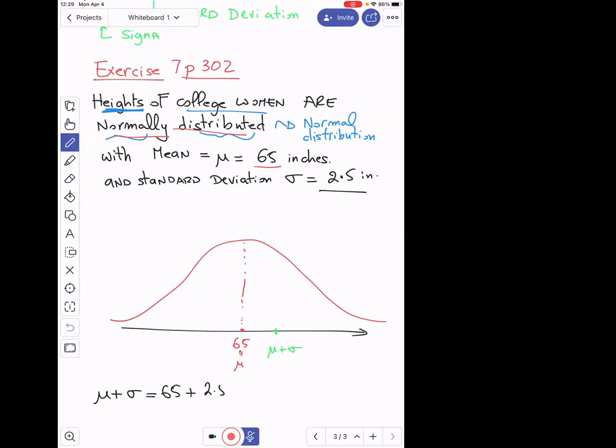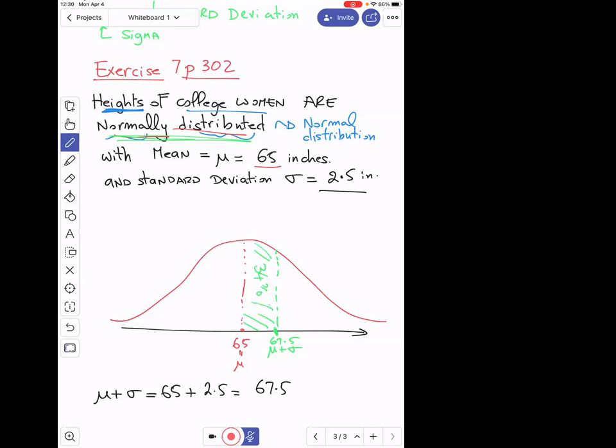So it's 65 plus 2.5, that's 67.5, right? So this is mu plus sigma, 67.5. And because this is a normal distribution, as it says in the problem, I know that the area between the mean, which is 65, and 67.5 is 34%, right?